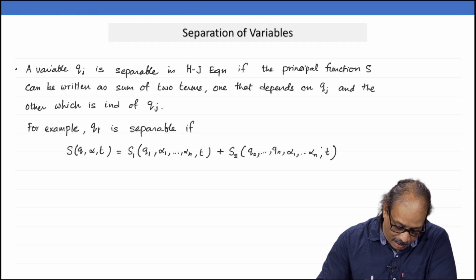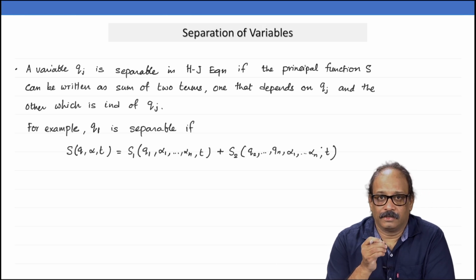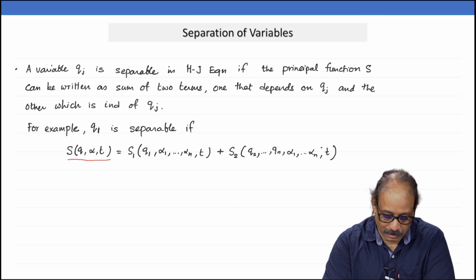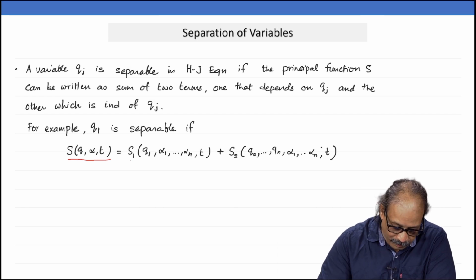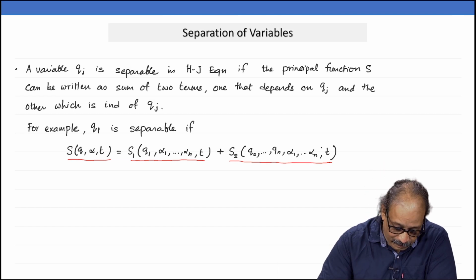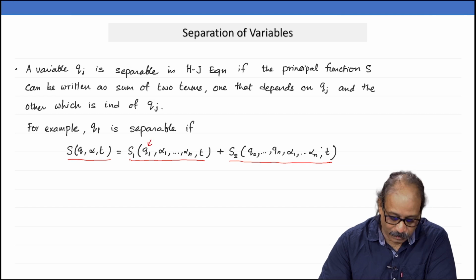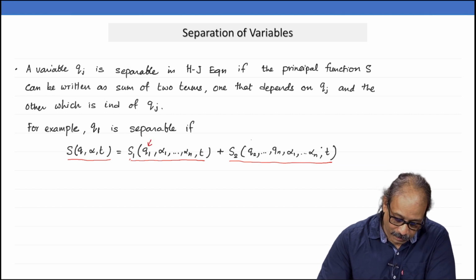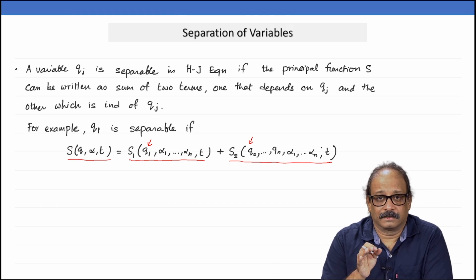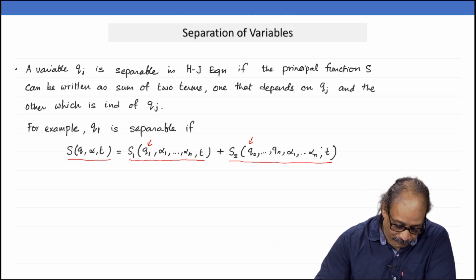For example, take q 1. If I can write this Hamilton's principal function in two additive terms, such that S 1 depends only on q 1, and S 2 does not depend on q 1 at all, then we say q 1 is a separable variable.